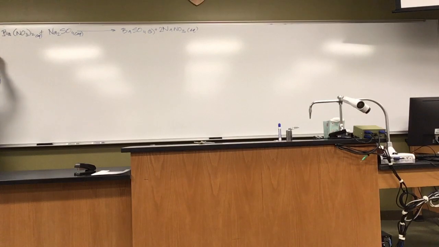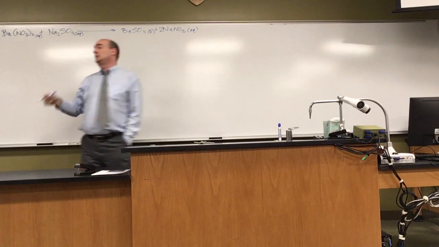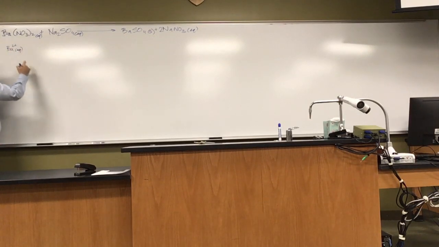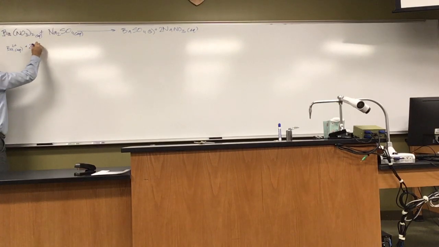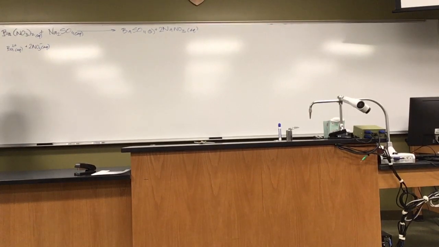The complete ionic equation for this is guaranteed to be soluble because it's a nitrate. Therefore, those ions have split apart. So I've got some Ba2+ as an aqueous ion, and I have two nitrates as aqueous ions.